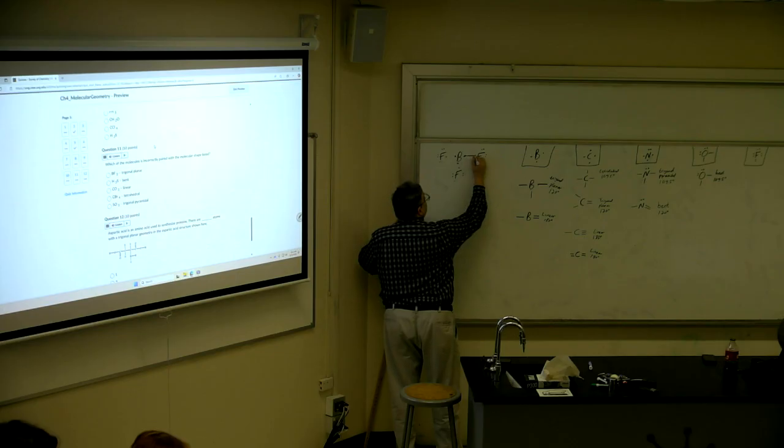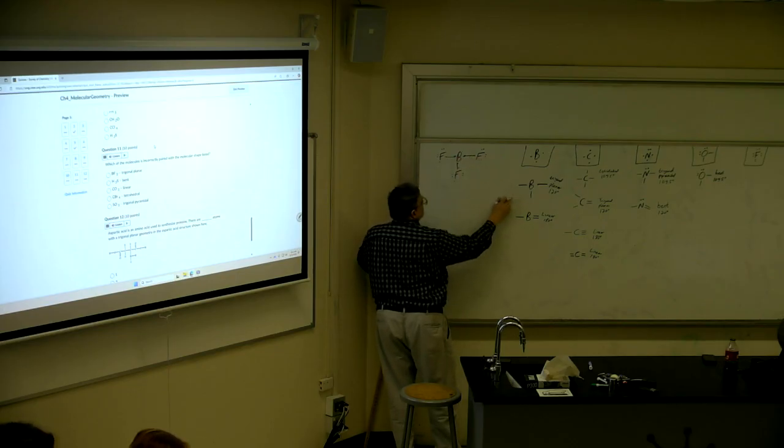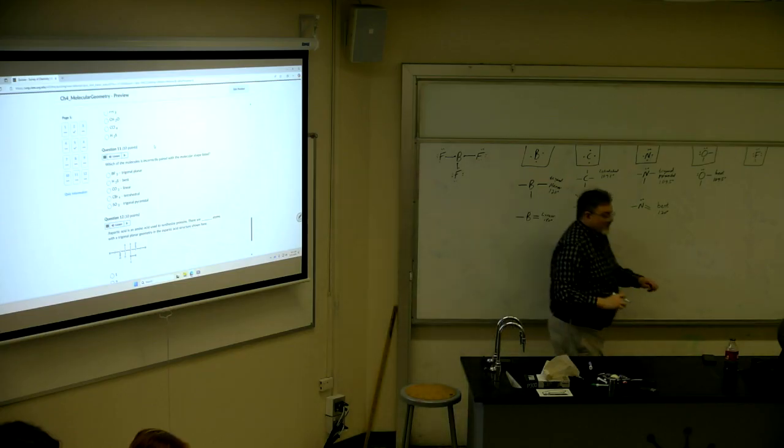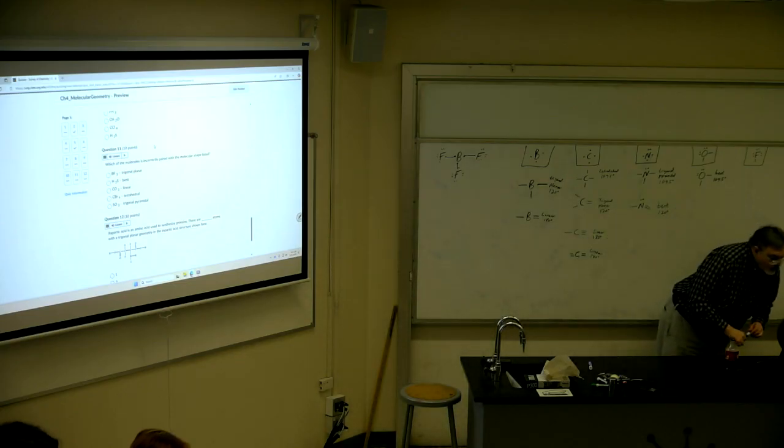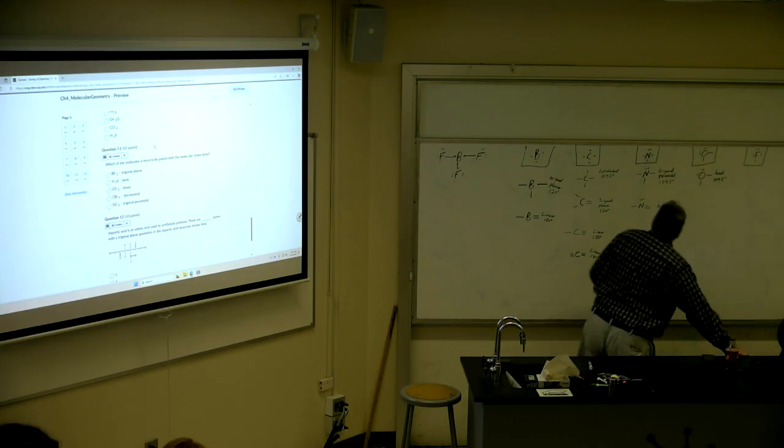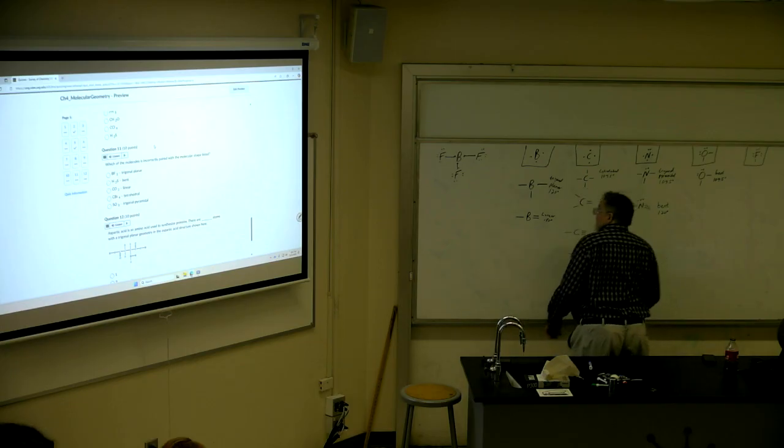Trigonal planar, 120 degrees. So by the time you connect these together, you have this situation. So that's the first one. It's asking which one is incorrectly paired. So trigonal planar is correct there.